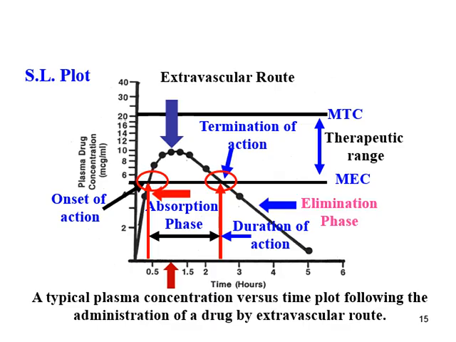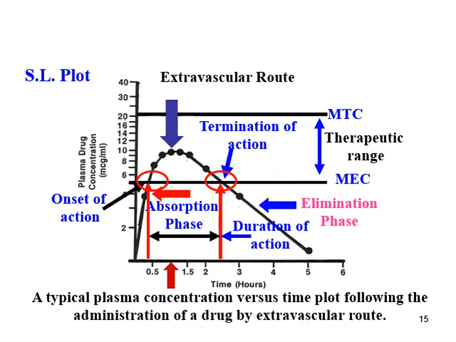And if you look at the curve, the cross section between the curve and the lower line, called the MEC line, the time to that point, if you can see my mouse pointer, that is called onset of action. And another cross section also on the MEC line, between the MEC line and the curve, that is the termination of action.